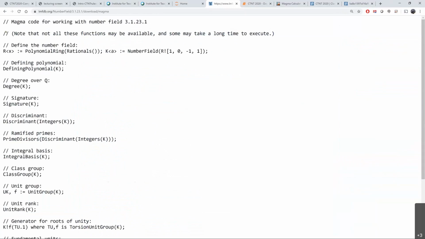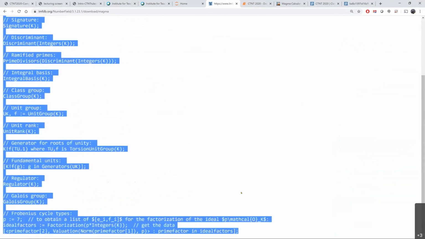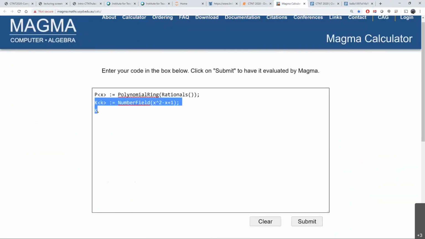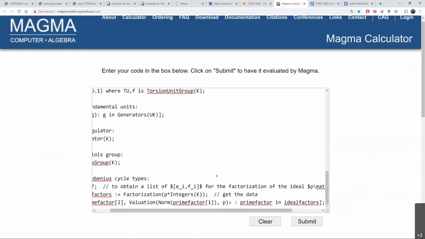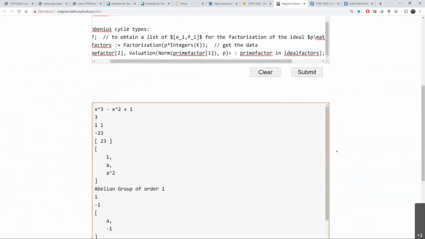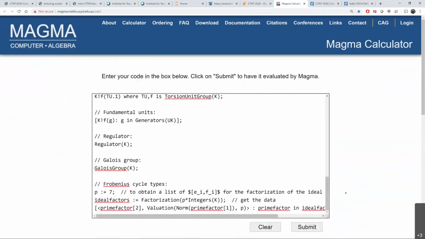This is a ton of Magma code that is going to give me a lot of different invariants. I'm going to copy and paste it here, then submit and see what it says. Okay, so it returns all this information about the number field.